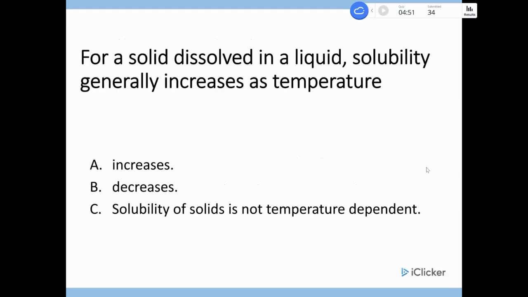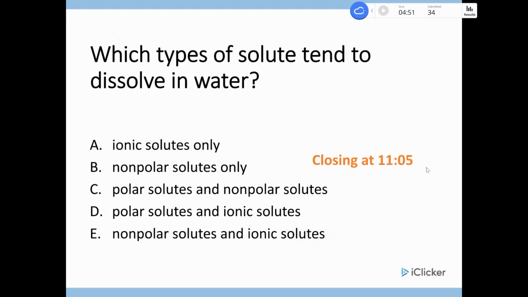Okay. All right, going back to these iClicker questions. So we learned about solubility for a couple different types of solutes and solvents last week. And this question is all about water and what types of solute tends to dissolve in water. Now we have to remember properties of water and remember that like dissolves like.